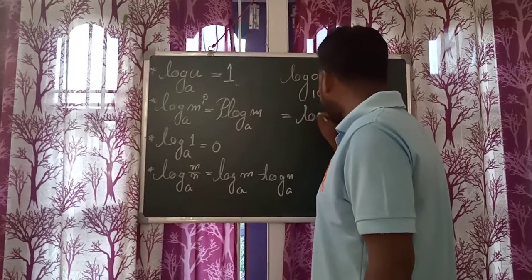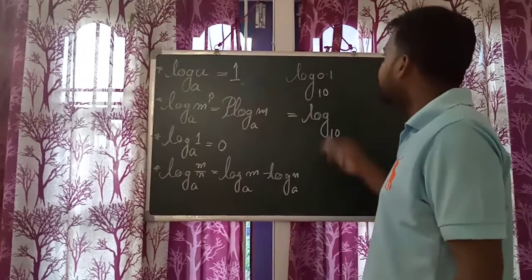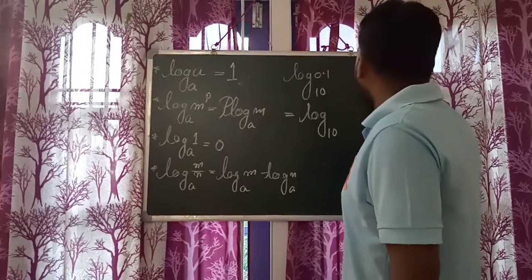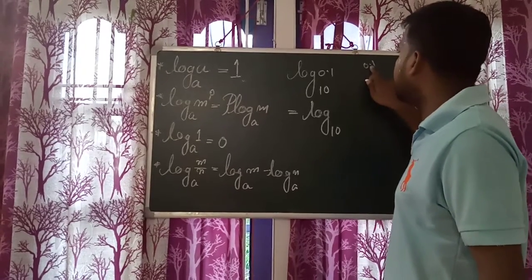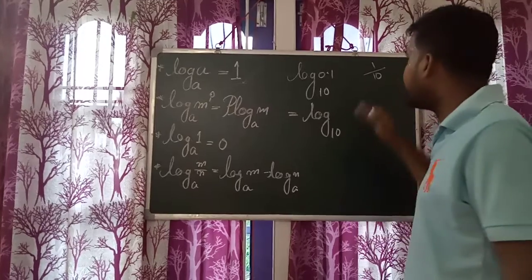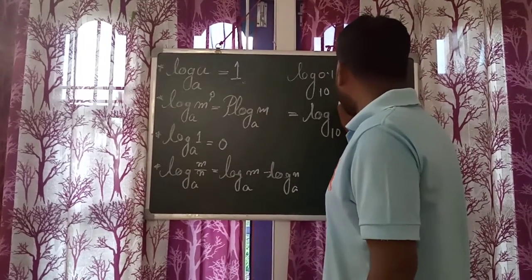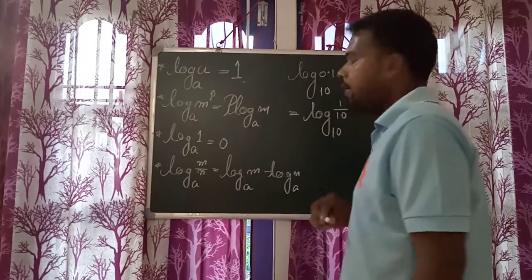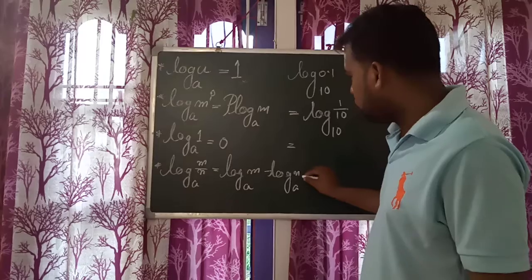It can be written as log 0.1 base 10. If you want to remove this point, then you have to divide by 10. Then simply I am writing 0.1 as 1 by 10. Now go to this formula.